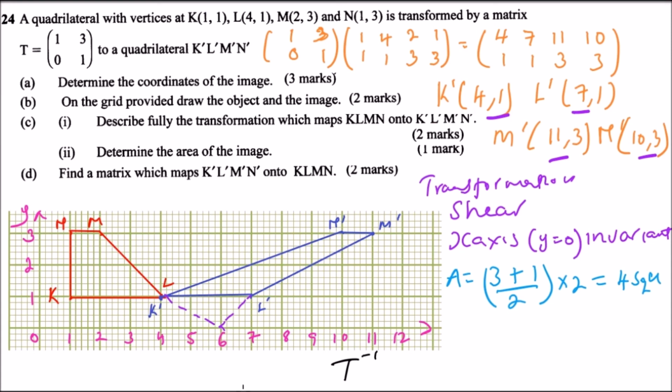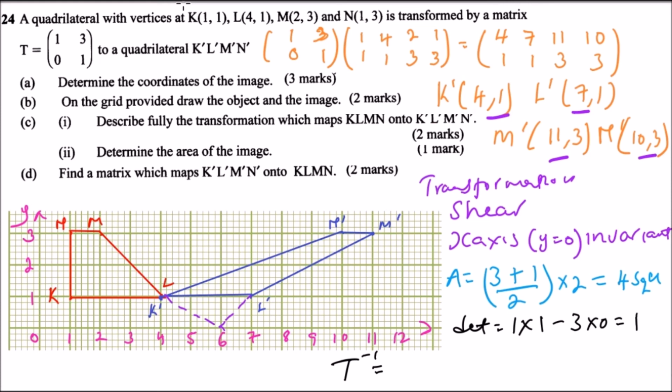First of all, we need to get the determinant of the matrix. So the determinant is the product of the elements of the main diagonal, that is 1 times 1, minus the product of the other diagonal, which is 3 times 0. That is 1 minus 0, which is 1.